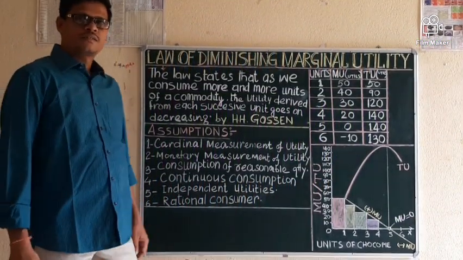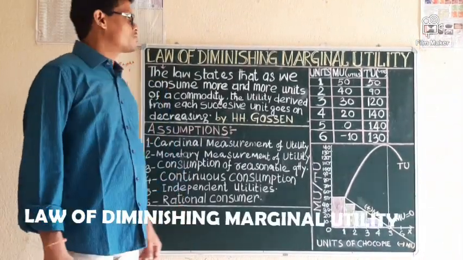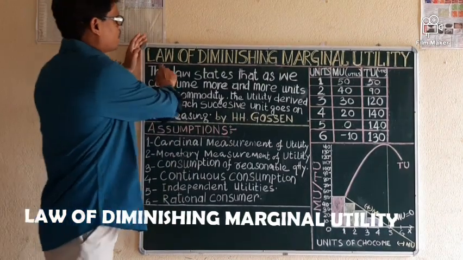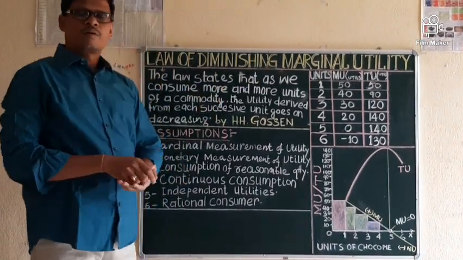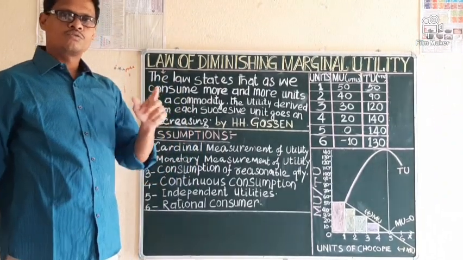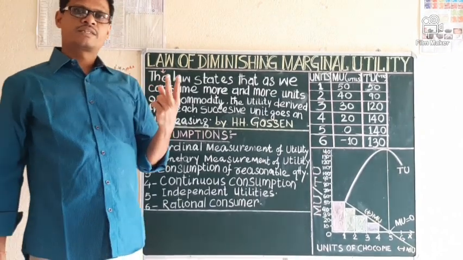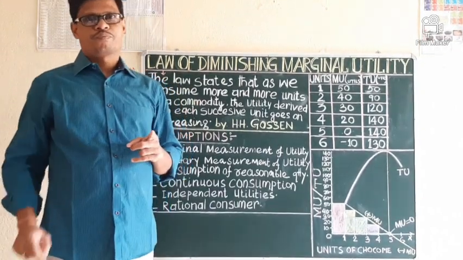Hello learners, today we are going to learn a new concept, that is the law of diminishing marginal utility. In our previous class we have already read about utility, how to measure utility, total utility, marginal utility and their relationship.